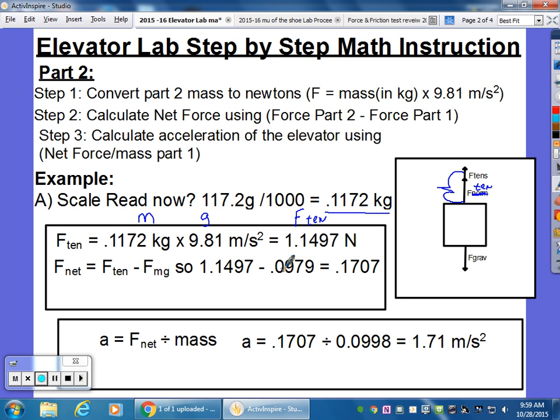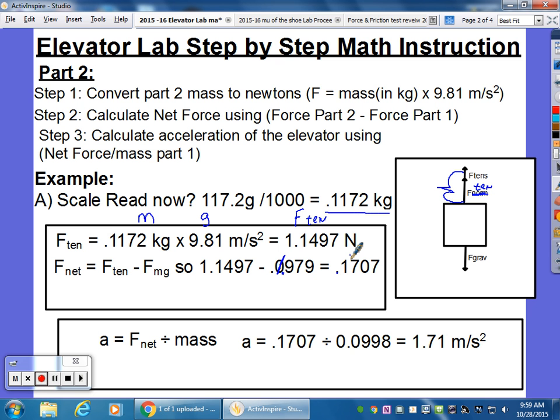I think this is wrong here, it's not 0.09, it's just 0.979, so the decimal's in the wrong spot. We're going to subtract 0.979 from 1.147 and we get 0.1707. So this is correct, we just had the decimal misplaced there. And that is the net force.